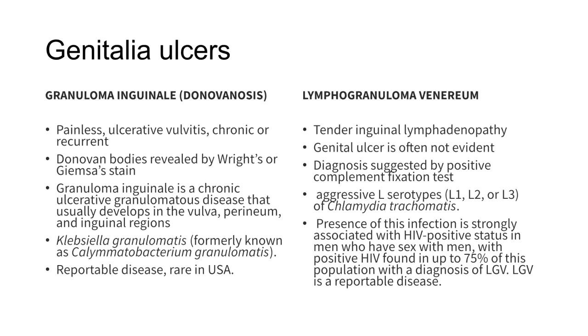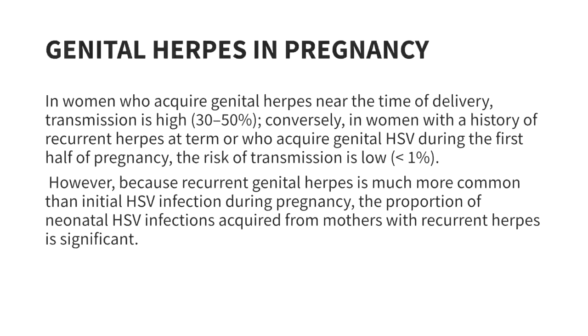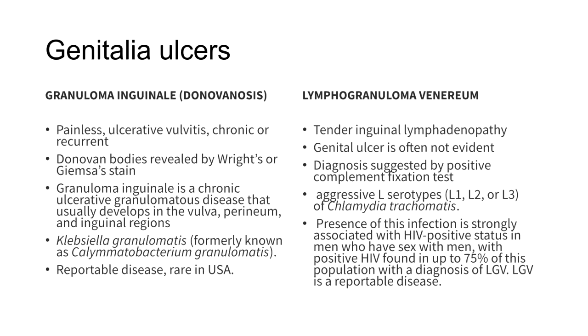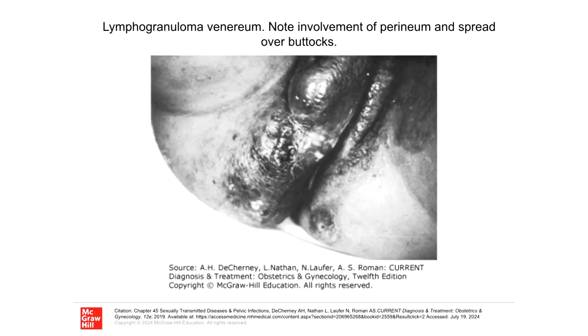Lymphogranuloma venereum is also a reportable disease. So this is a granuloma inguinale produced by Klebsiella granulomatis, and this is a lymphogranuloma venereum that involves the perineum and also the buttocks, caused by Chlamydia trachomatis.